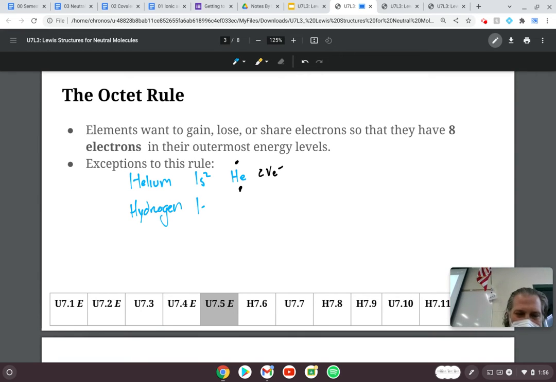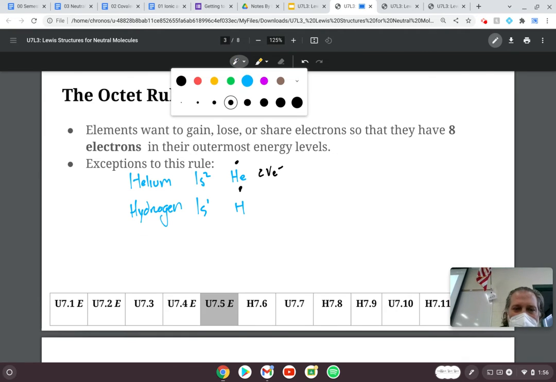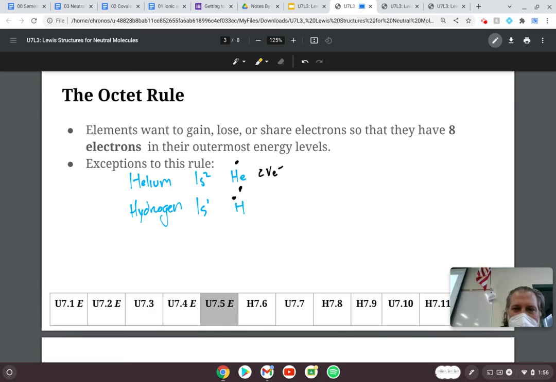Hydrogen's electron configuration is 1s1. And if I was to draw its Lewis structure, I'll do it over here, like this. So hydrogen has 1 valence electron, but it wants to be like helium, so it will bond to have 2 valence electrons.